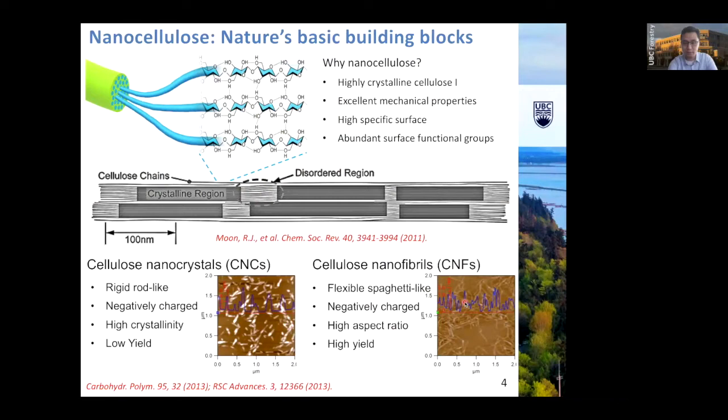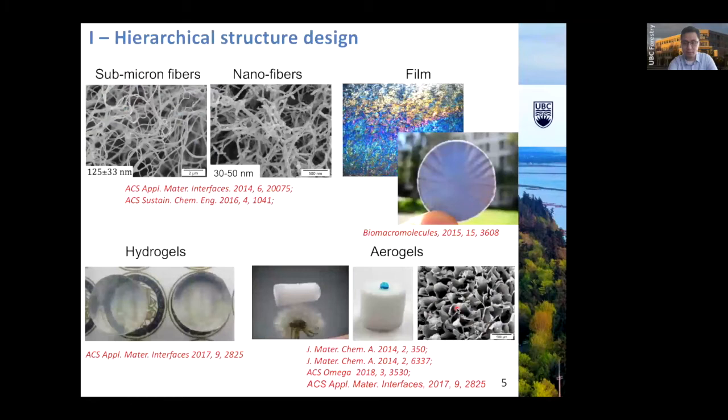The majority of my work here is on the cellulose nanofibers. I show here the AFM image. After isolation, the nanocellulose is present mostly in an aqueous suspension. It looks transparent. So in the lab, we want to turn the transparent suspension into some form that you can handle and see. This relates to our research on the hierarchical structure design.